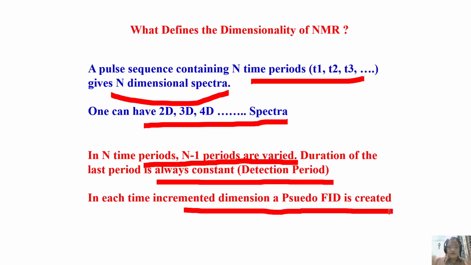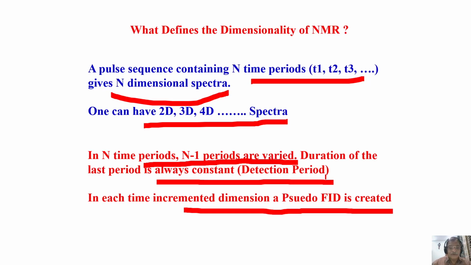So we created a pseudo FID in the time domain, and in the T2 domain, the detection period, we have a regular FID. Same way, if you have n time periods, you have n-dimensional spectra, and n-1 pseudo FIDs are created, and the last one is the real FID we collect in the detection period.